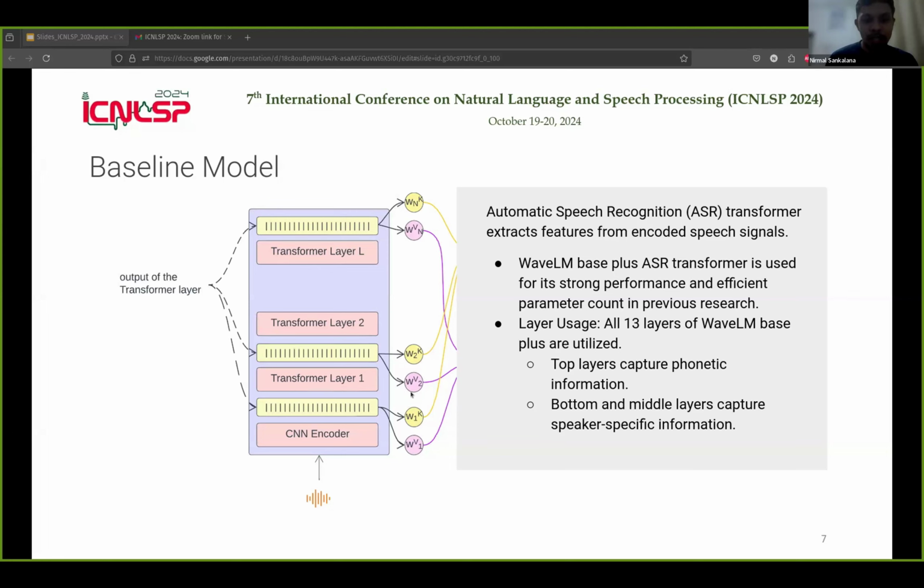The topmost layers are particularly effective for capturing phonetic information, while the bottom and middle layers are good for capturing speaker specific information. This layered approach allows us to leverage the strengths of this ASR transformer, ensuring we can accurately process and understand various speech inputs.